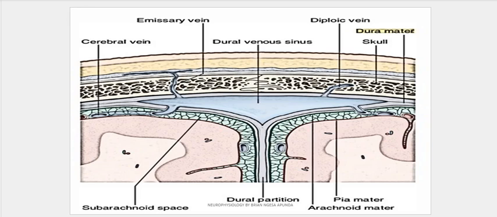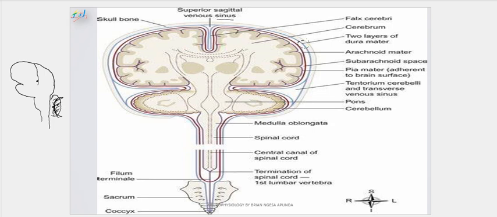Let me see if we have another image. This is a perfect one. We have this as our dura and this as our arachnoid. We can see they are in close association. Here we have our subdural space. As the meningeal layer of the dura sweeps into this particular space, it is normally accompanied by the arachnoid, as we can see over here.